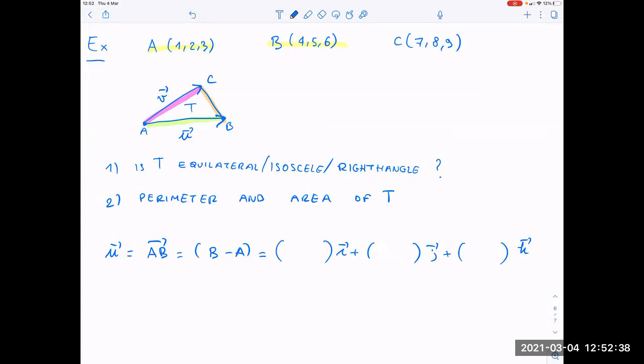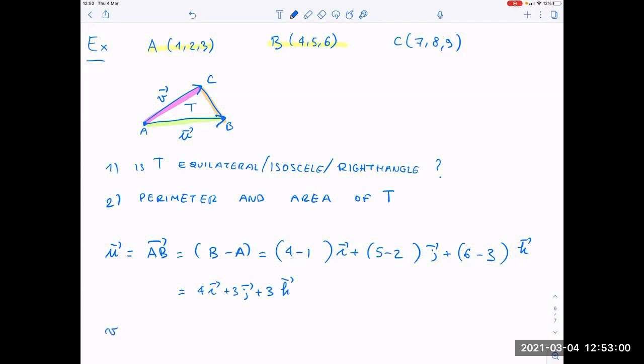The coefficient in front of I is 4 minus 1, the coefficient in front of J is 5 minus 2, and the coefficient in front of K is 6 minus 3. So we get 4I plus 3J plus 3K. This is U.